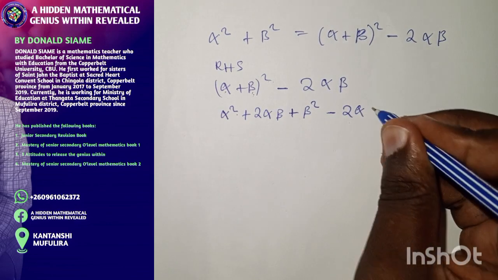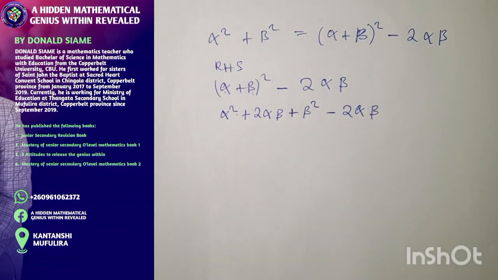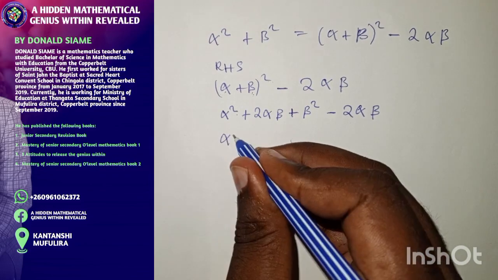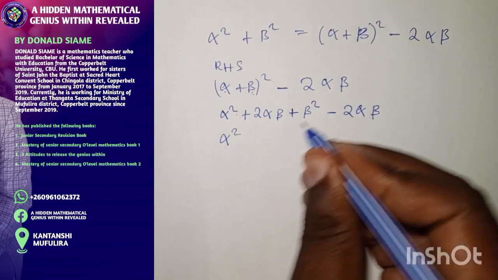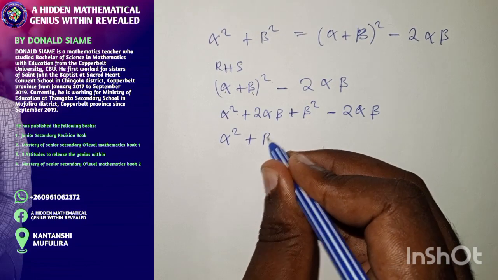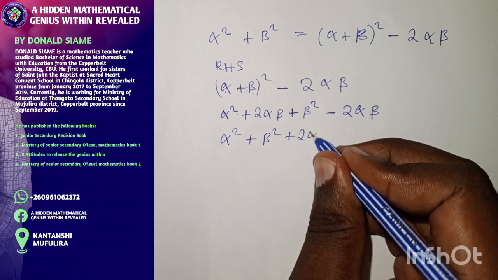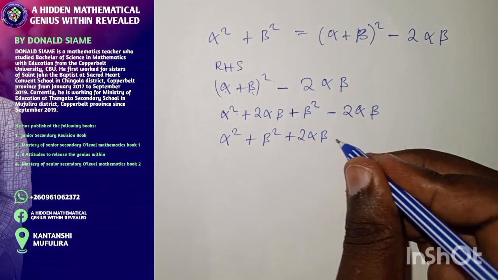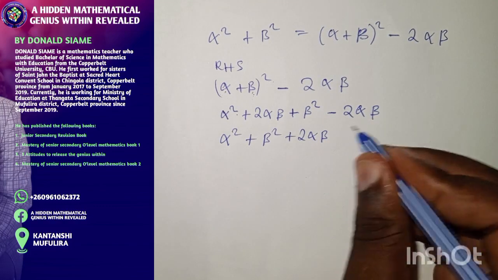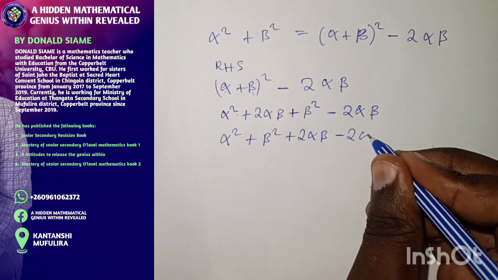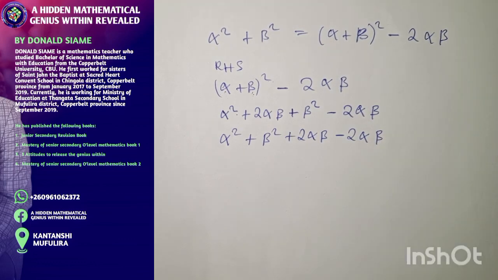Okay, then we can collect the like terms. We can arrange this according to what we have here. We start with alpha squared, then plus beta squared, then plus 2 alpha beta, then again minus 2 alpha beta.